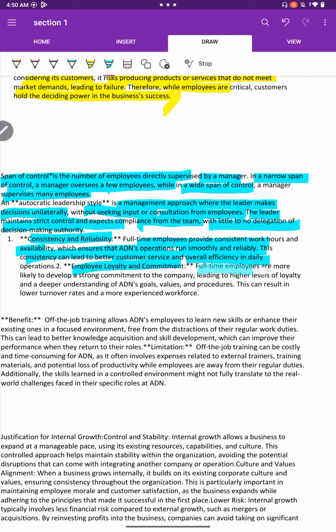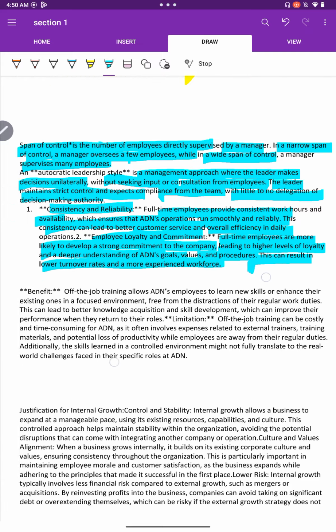Full-time employees are more likely to develop a strong commitment to the company, leading to higher levels of loyalty and a deeper understanding of A&D's goals, values, and procedures. You can write just until here if you want. This can result in lower turnover rates and a more experienced workforce.